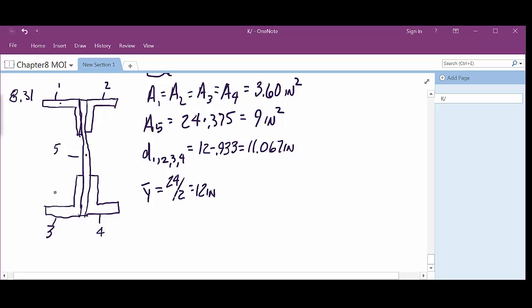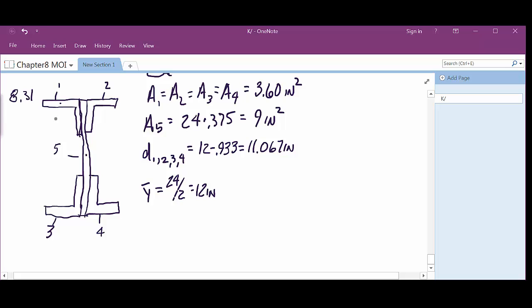That's interesting. Oh, yeah, that's a 24 length plate, isn't it? I looked at that 12 and the 12 is halfway. So 12 inches, the total, minus this 0.933, which is given in the book, which is actually up in here somewhere.